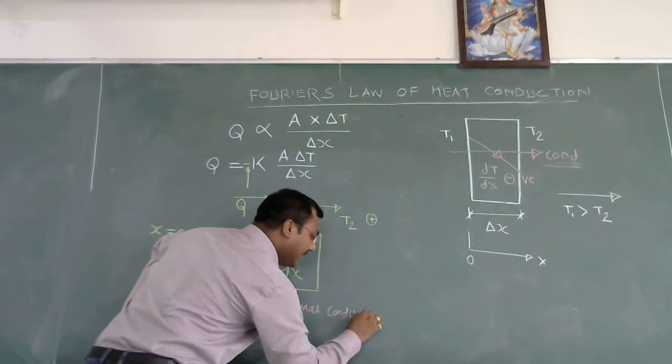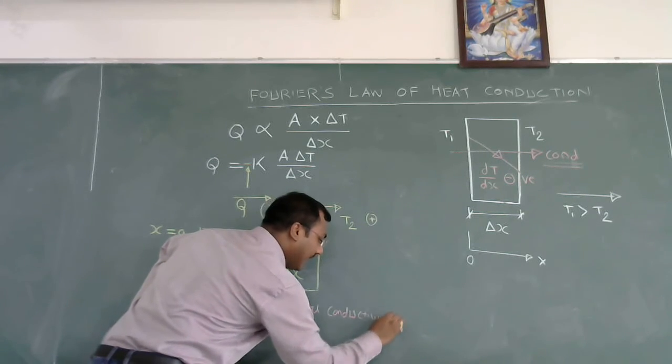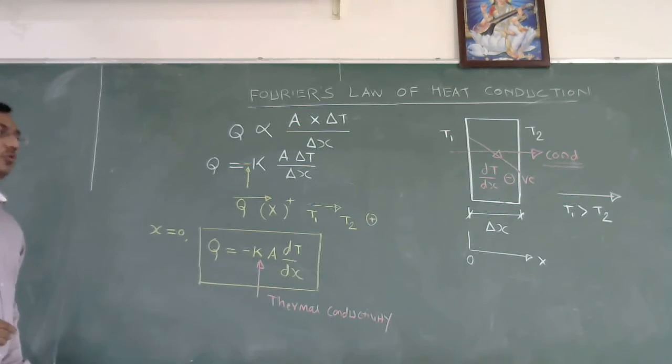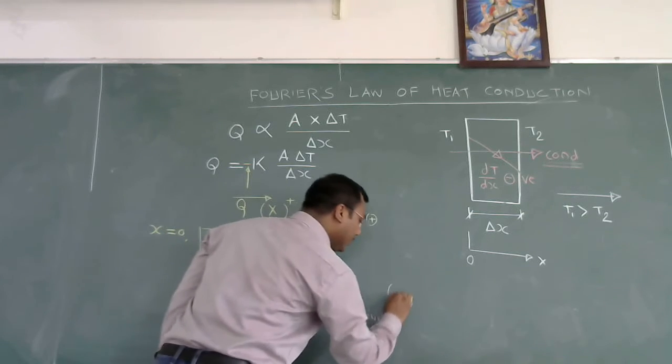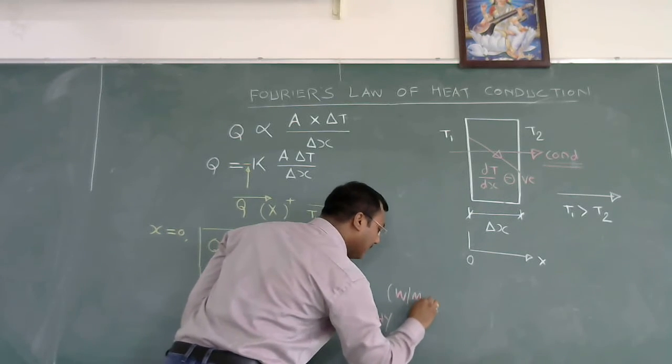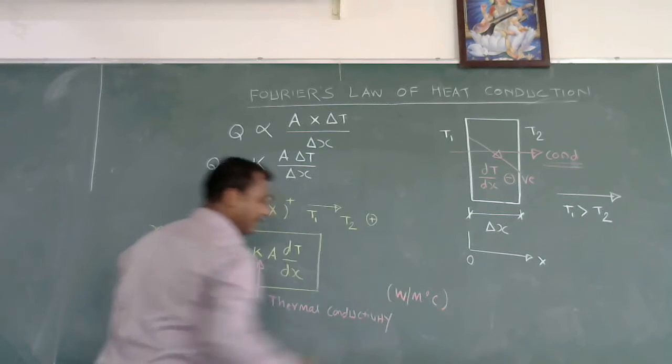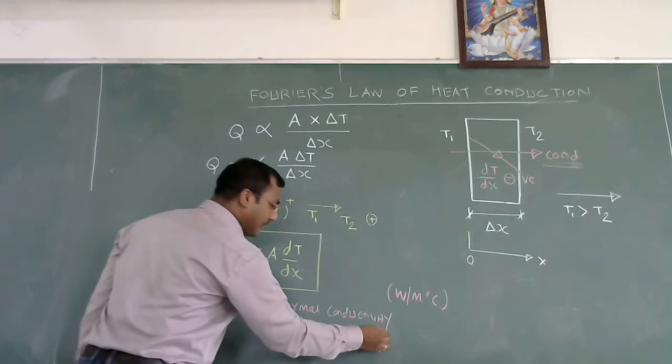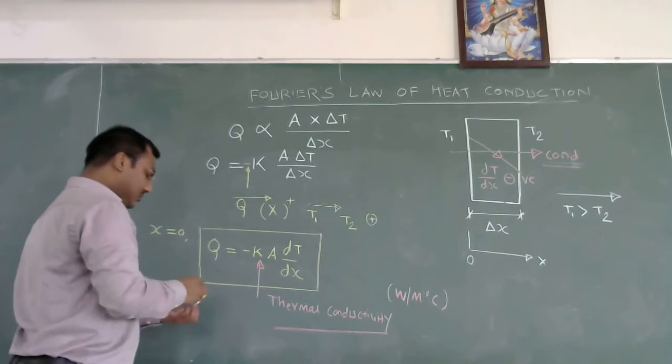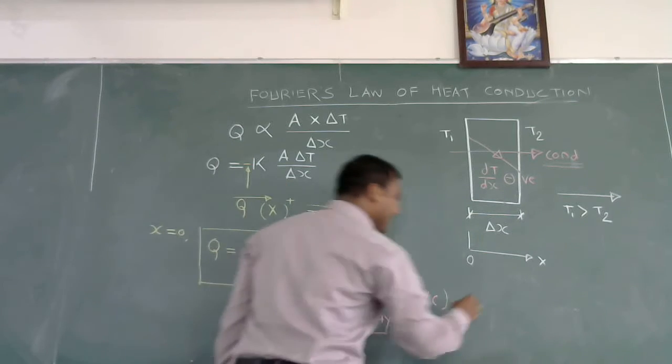Thermal conductivity is the ability of the material to carry the heat. The unit is watt per meter degree Celsius. The ability of the material to carry the heat depends on the material.